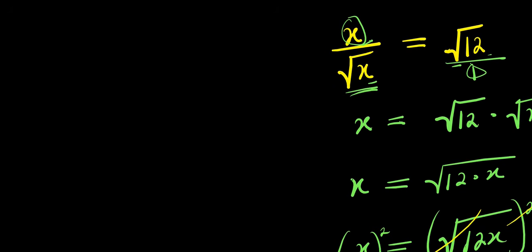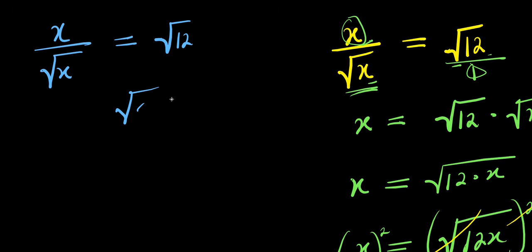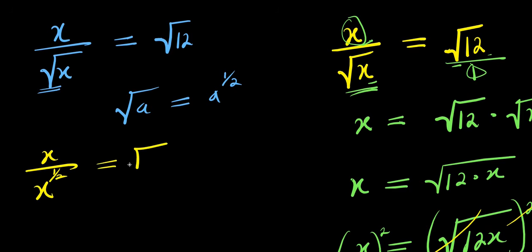Now, let's solve this using another method. I have x divided by square root of x equals square root of 12. So, remember, if you have square root of a, this equals a power 1 over 2, right? So, I'm going to replace this square root of x with x power 1 over 2. So, we'll have x divided by x power 1 over 2 equals square root of 12.